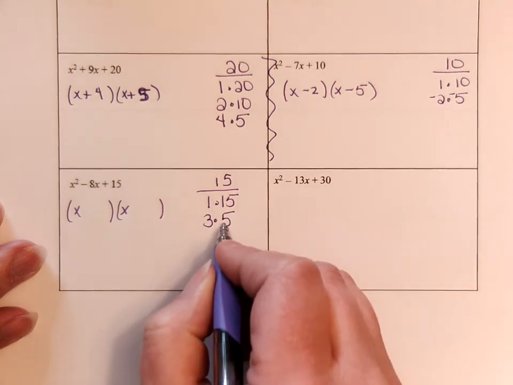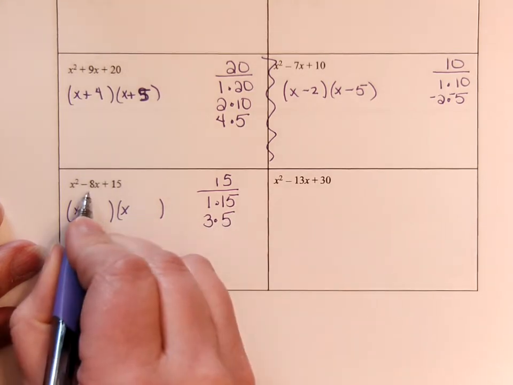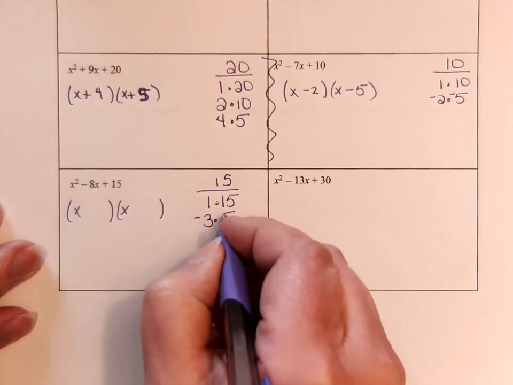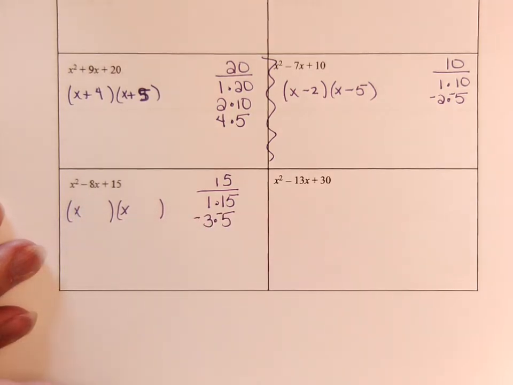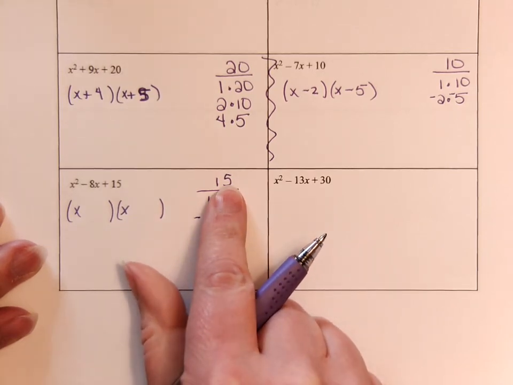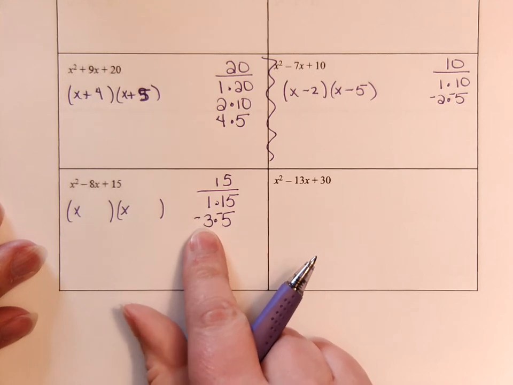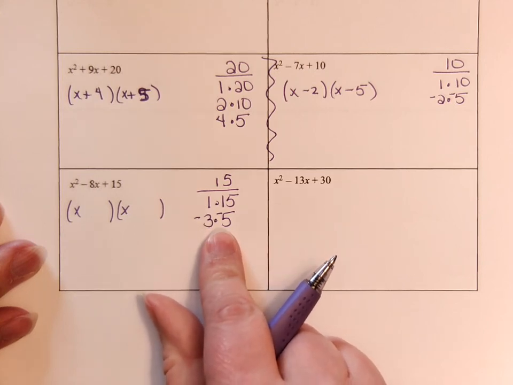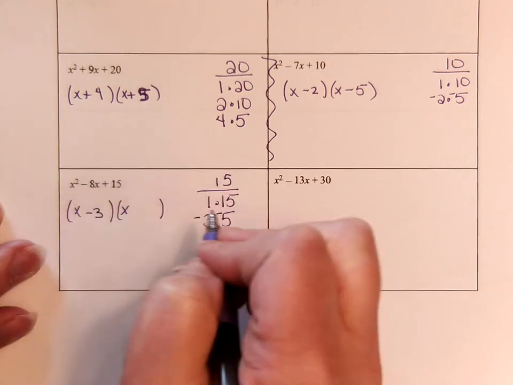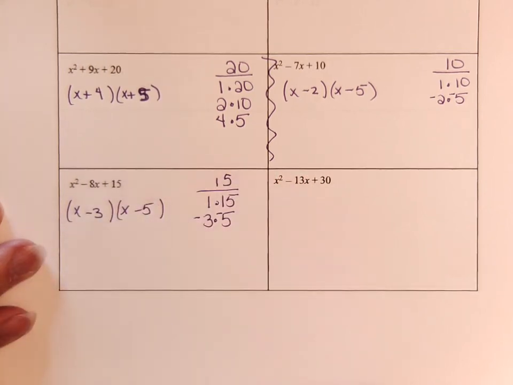Well, 3 plus 5 gives us 8, but we want a -8. So if we do a -3 and a -5, a negative times a negative gives us a positive, but a negative plus a negative will give us that -8 we want. So -3 and -5.